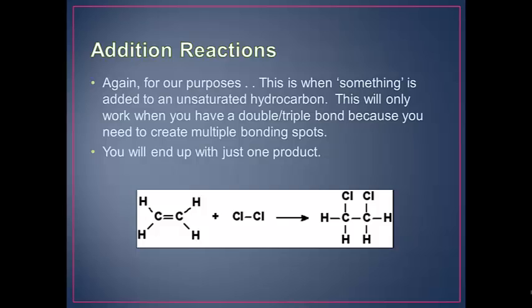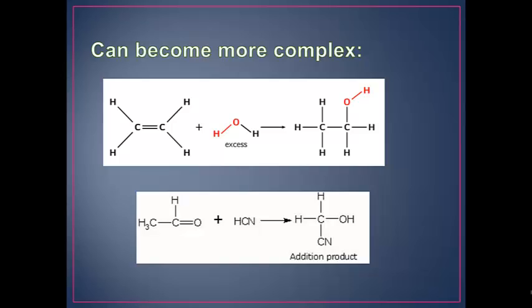The original hydrogens that were there do not move, so you cannot put both chlorines onto one carbon. They have to go one on each because the bond actually splits open. Again, they can become more complex, as you can see here. But you have to start with an unsaturated bond type.